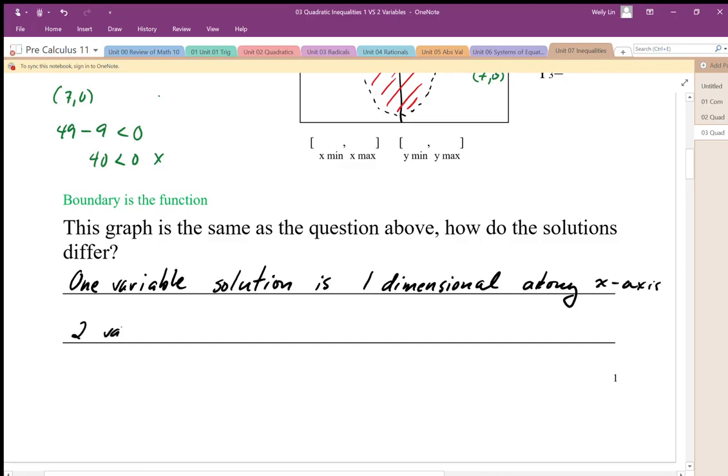A two-variable solution is two-dimensional and is an area in the xy plane.